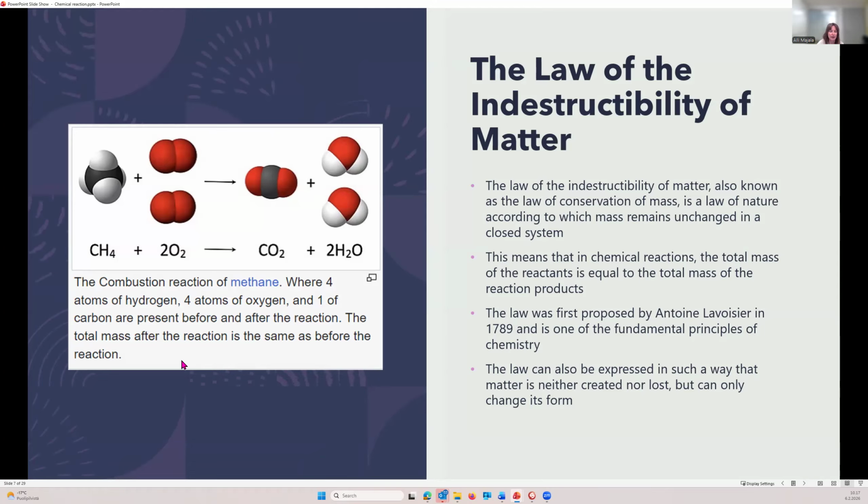So, combustion reaction of methane. And there are 4 atoms of hydrogen that are there in a molecule together with carbon. And we need 2 molecules of oxygen, where there are 2 oxygen atoms bound together.